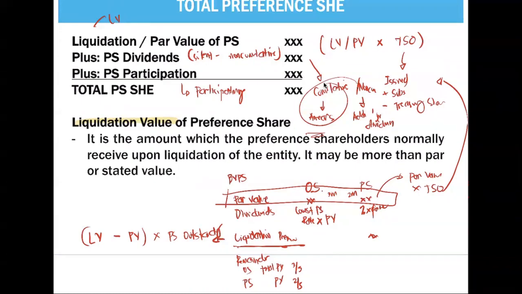So we have your par value, we add your dividends. For OS, we have your basic dividend. For your PS, that is the percentage multiplied by the face. And then we also have your liquidation premium. That is the difference between the liquidation value, if there is a liquidation value given, less the par value times preference share outstanding. And any remainder will be divided among them based on the value of the OS and the PS.